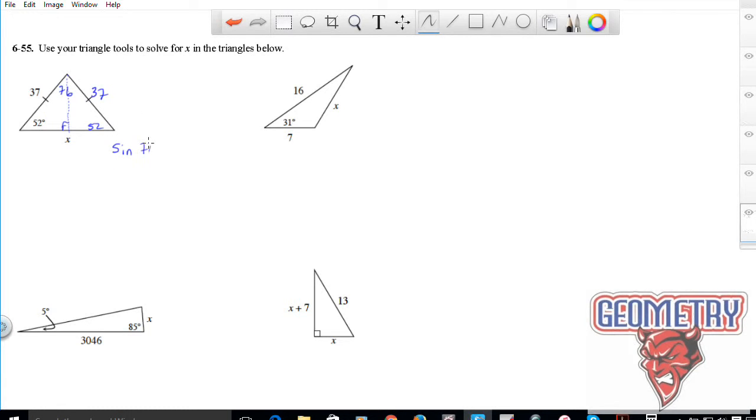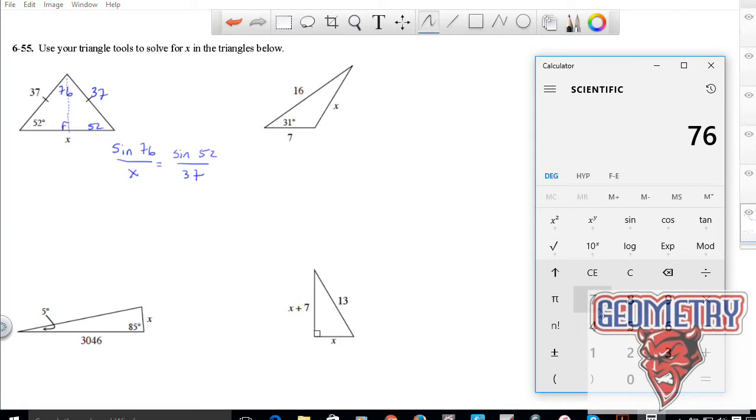So the sine of 76 over x equals the sine of 52 over 37. And so then we're going to cross multiply here, right? We're going to do the sine of 76 times 37, and then we're going to divide that by the sine of 52 to get x by itself.